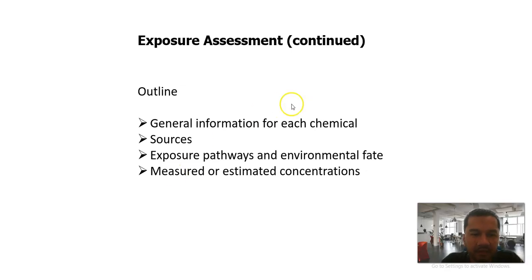For the exposure assessments, we have four parameters that we want to discuss in this topic. The first one is general information for each chemical: the sources, exposure pathways, environmental fate, and the measured or estimated concentrations.